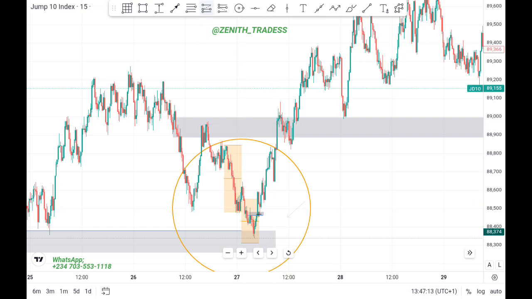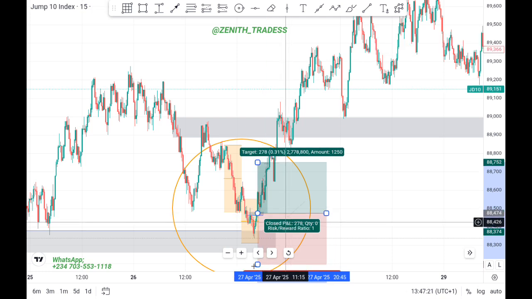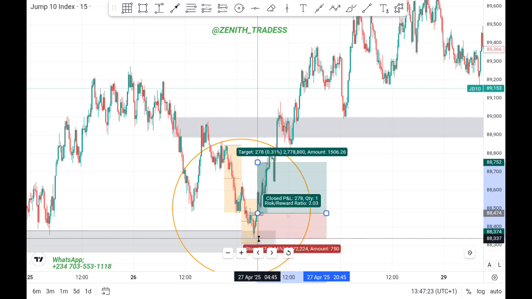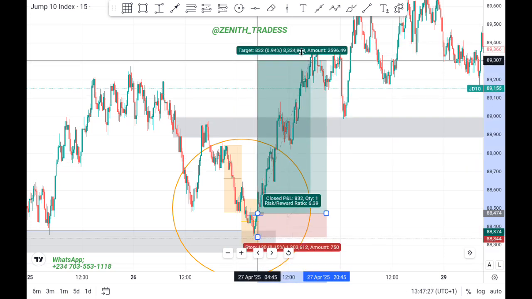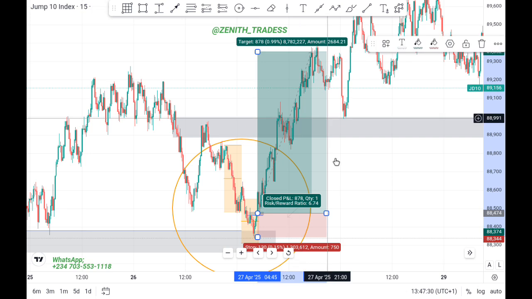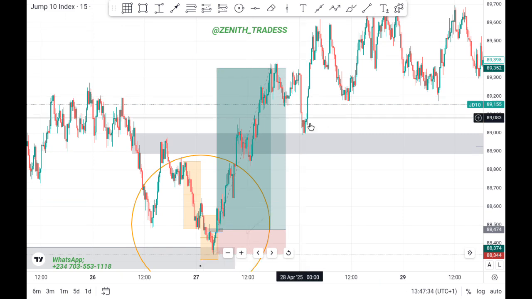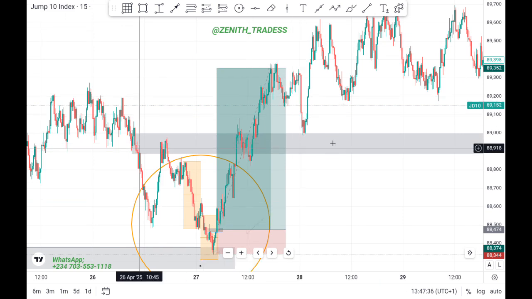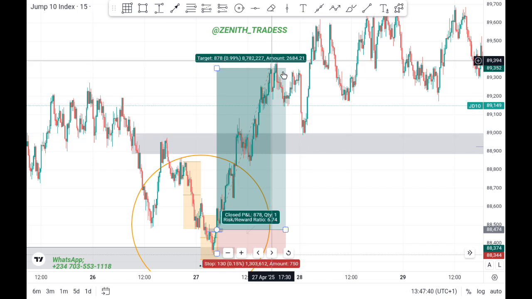Then I will put my entry here, and price just came back to tap on my entry, then put my stop loss here just below the Totosu candle. I will trade this in line with the objective, and that's how many RR for the first move before this retracement. And if you are the type that wants another breaker block here, you can set another entry here before this first retracement.